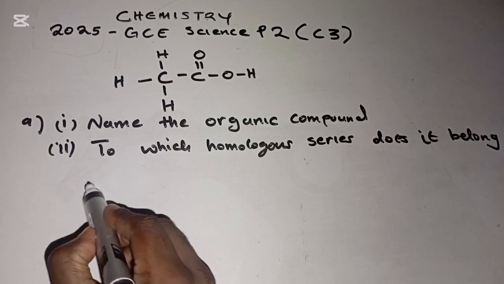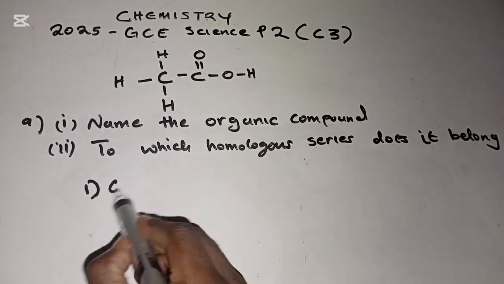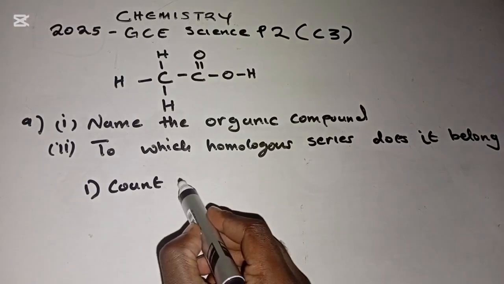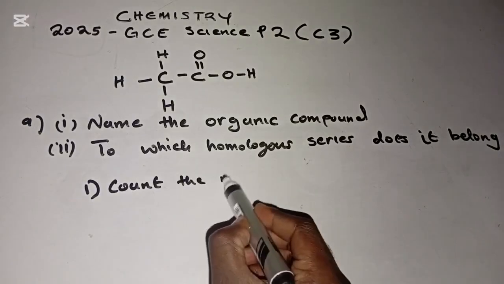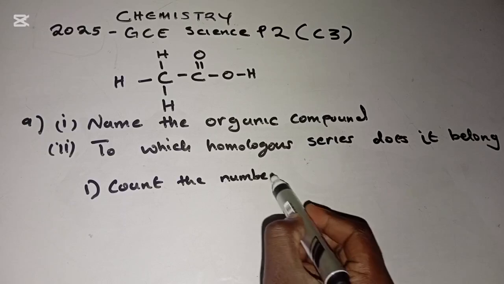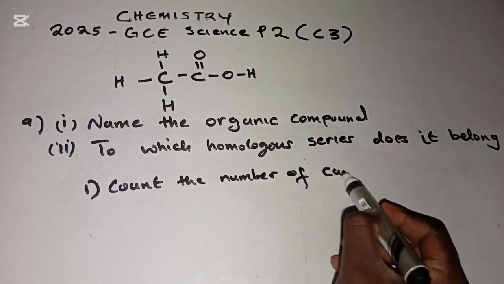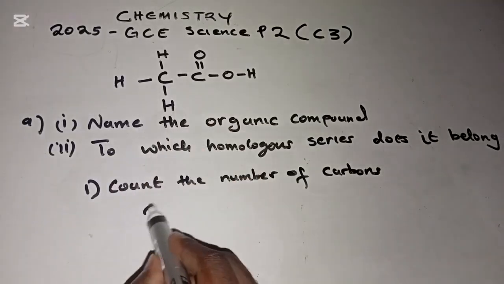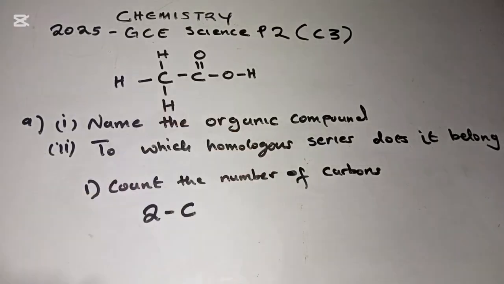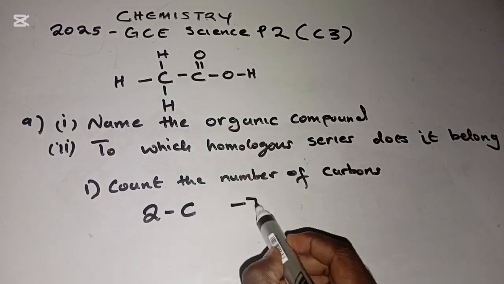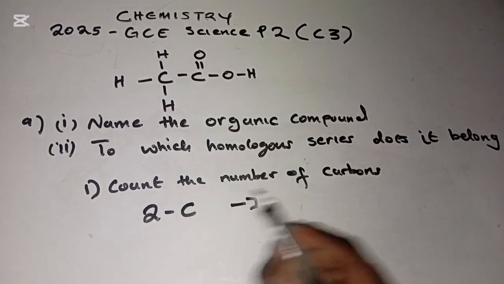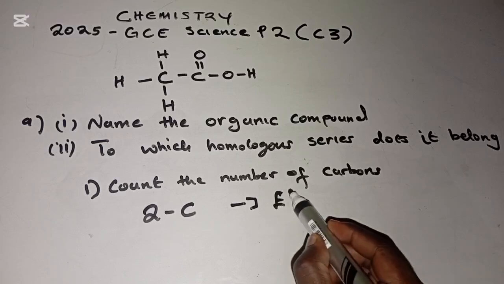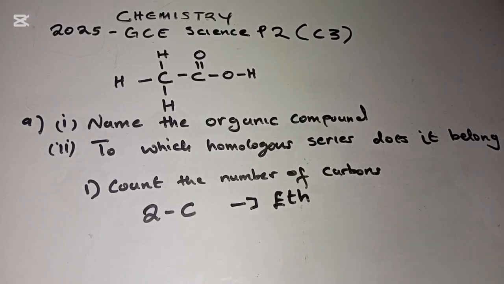Number one, from the structure, you need to count the number of carbons. How many carbons here? You have two carbon atoms. So if we have two carbon atoms, the prefix that we use for two carbon atoms is this prefix.